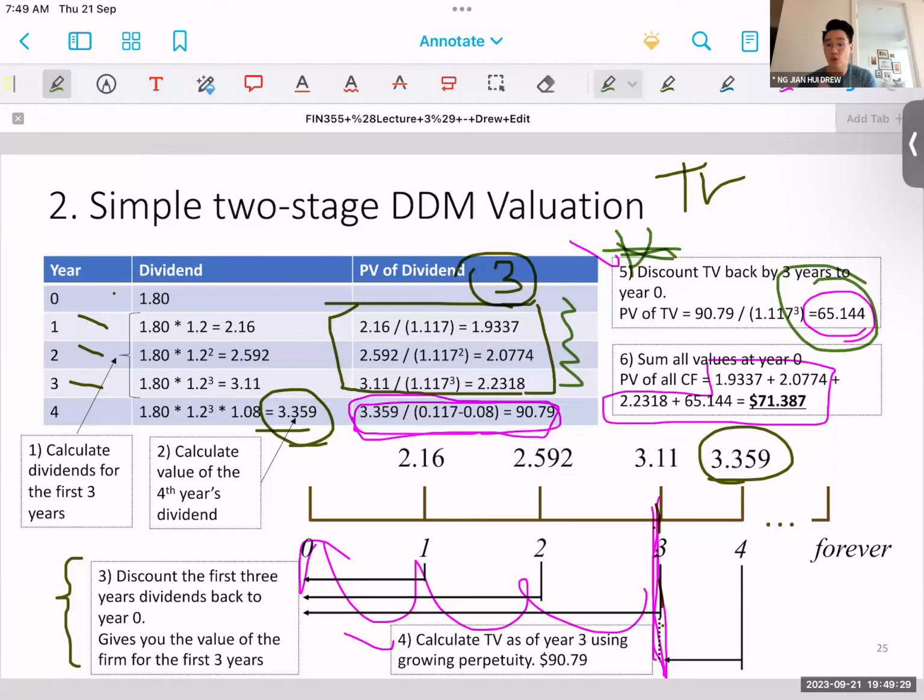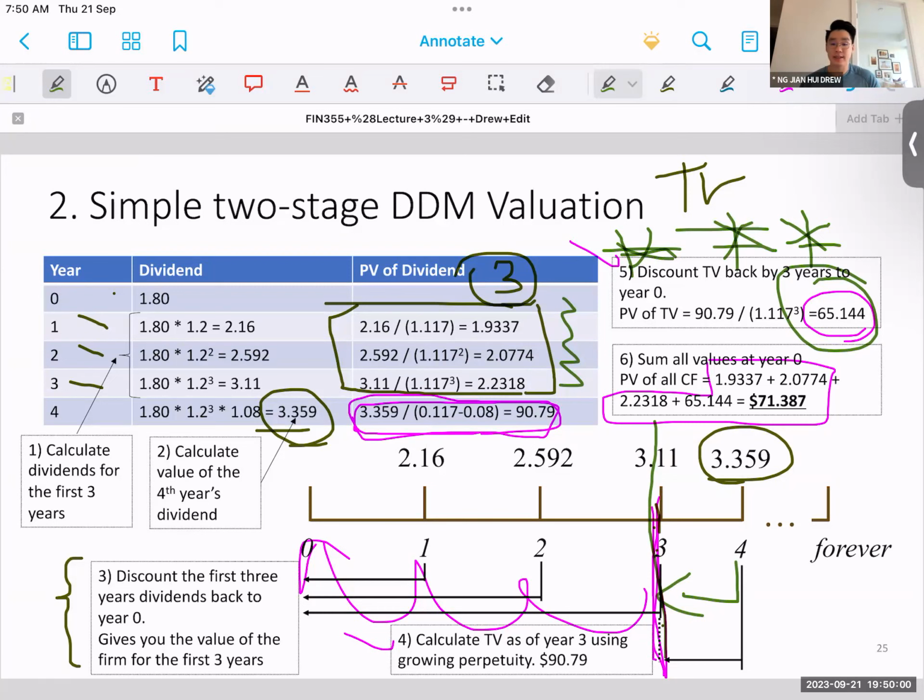From year 3 onwards is normal growth. So that means you are standing at year 3, you use the growing perpetuity formula to give you the terminal value at year 3. But after that, you still have to discount back the terminal value. This is the part that usually people forget, to discount back the terminal value by 3 years. Because at the end of the day, you are standing at year 0, not even year 1. So again, I want to put three stars here that you need to discount back your terminal value.